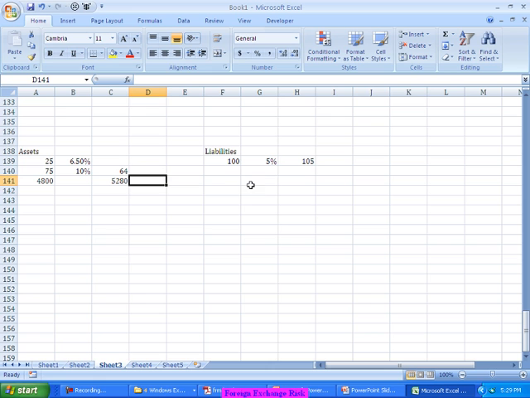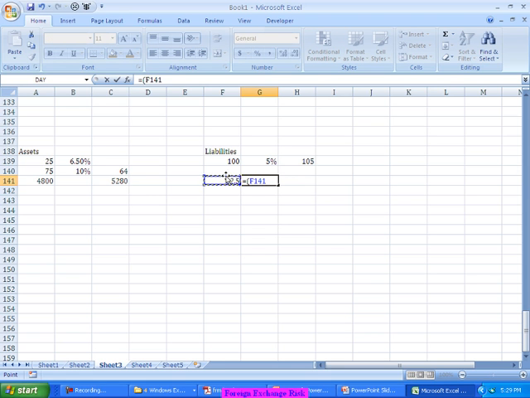So assuming the exchange rate is still 64 only, even after 1 year also. What is happening? If I am converting it into US dollars, I am going to get 82.5. So the return in this case is how much?